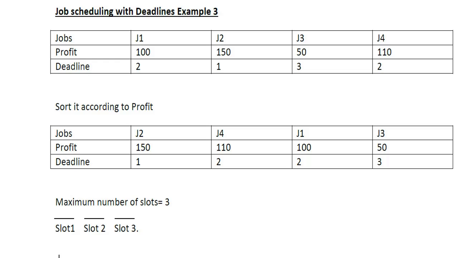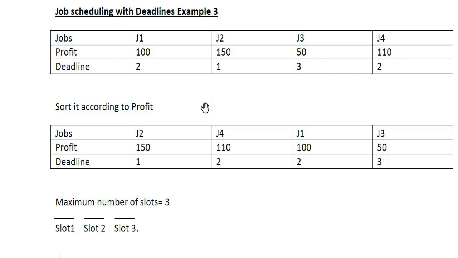So here is a little more complicated one. In this example we have 4 jobs to be executed: job 1 with 100 and 2 deadlines, job 2 with 150 and 1 deadline, job 3 with 50 and 3 deadlines, job 4 with 110 and 2 deadlines.